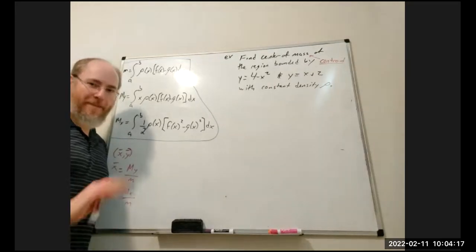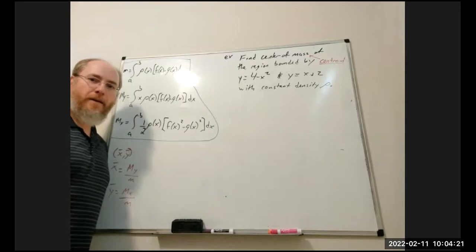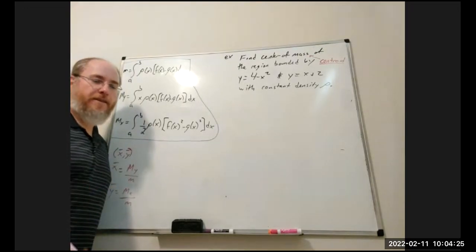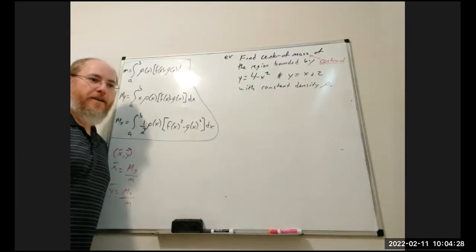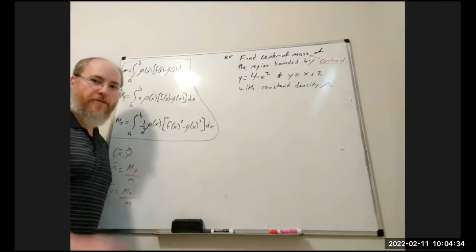Just so you know some naming schemes in math, anytime you hear oid, that means shape. Spheroid, it's in the shape of a sphere. Ellipsoid, hyperboloid, right? So a centroid, it's the center of the shape.